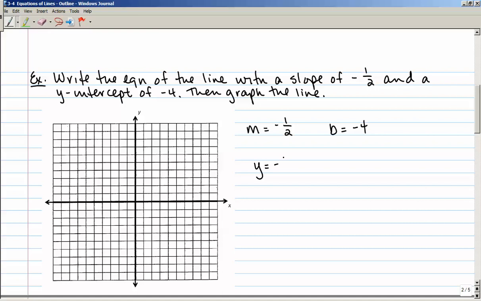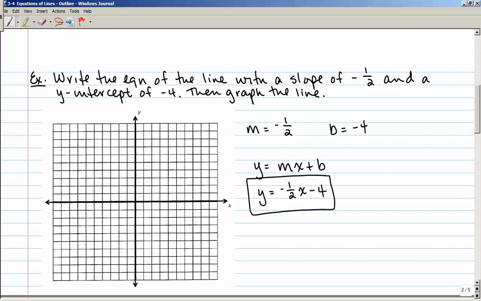Plugging those into y equals mx plus b, y equals negative 1/2 x minus 4. So that's the equation of the line that has a slope of negative 1/2 and a y-intercept of -4. Now we need to graph that.